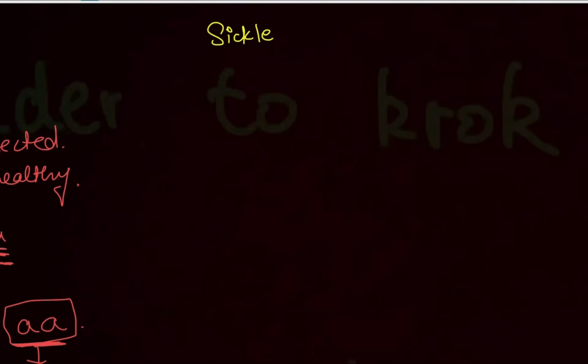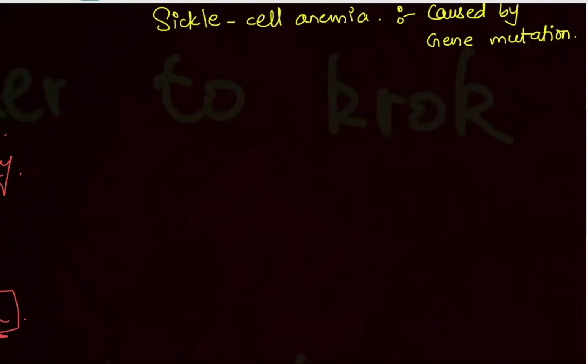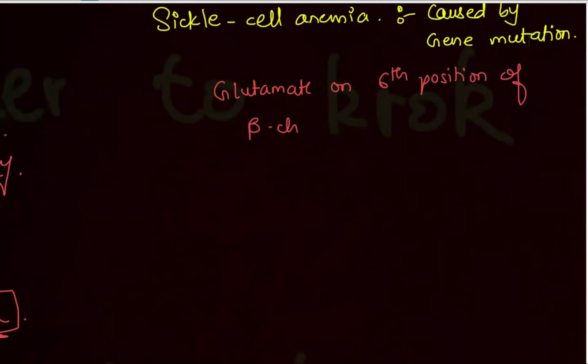So sickle cell anemia is a result of gene mutation. What exactly happens is, write down here, that glutamate on the 6th position of the beta chain of hemoglobin is replaced with valine.